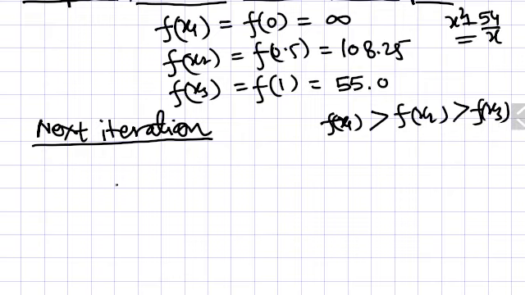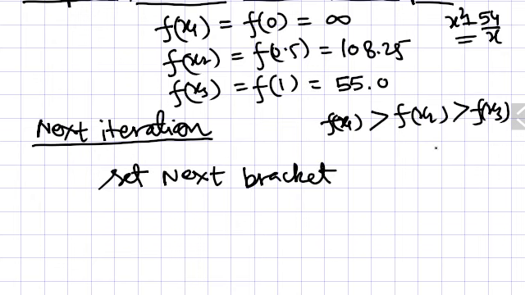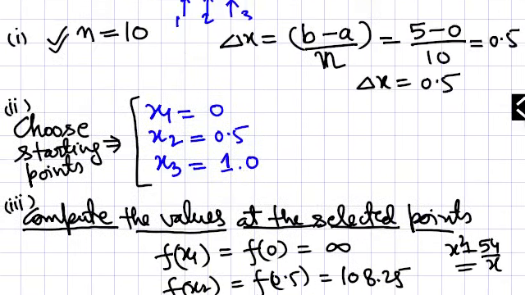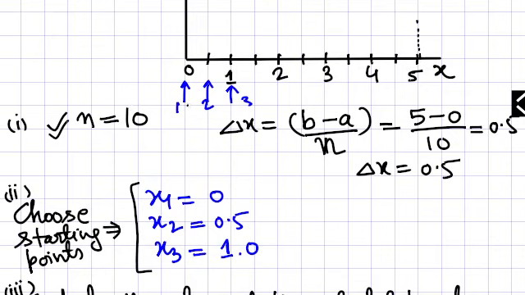Now in the next iteration, set the next bracket. You will shift the bracket this way. As you can see, this highlighted bracket starts from 0.5 and ends at 1.5.